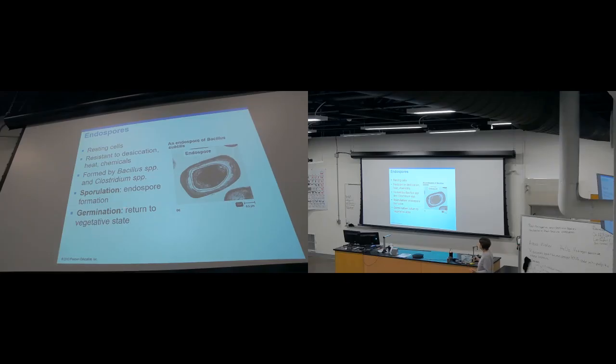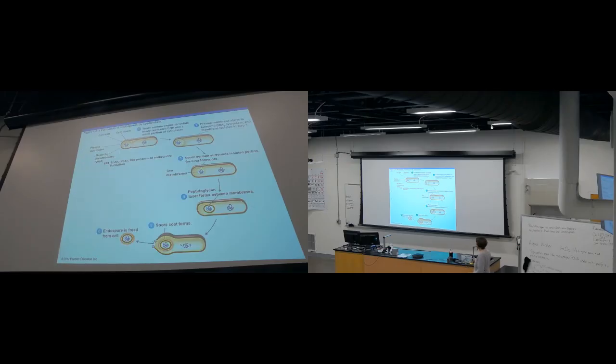In this case, it's called germination, or return to a vegetative state. So this is a transmission micrograph showing you an endospore. This is where you have the DNA, and here you have the components of this endospore that protect the DNA. In this case, this is from Bacillus subtilis.